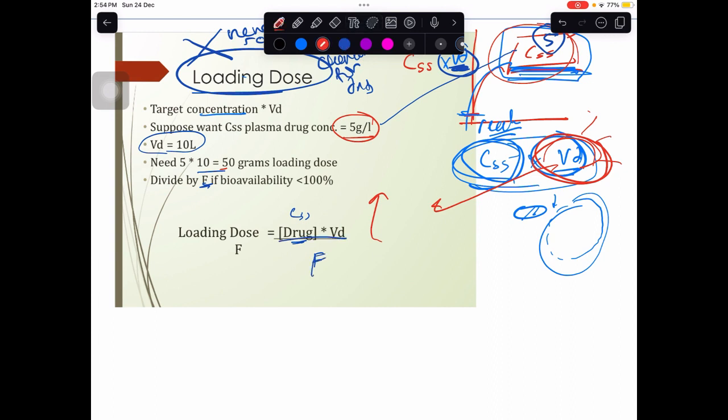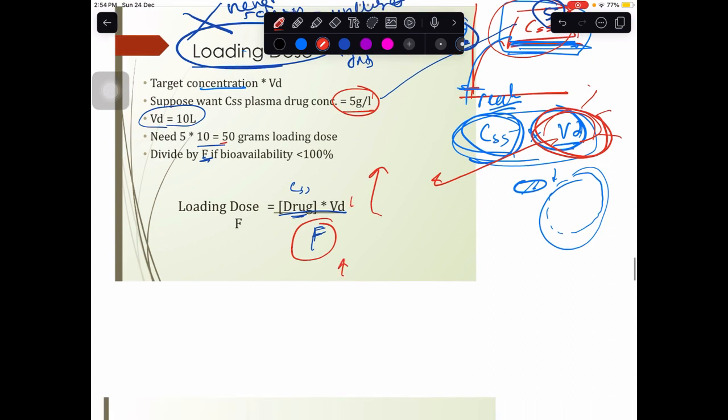Because the bioavailability, if it is high, it can decrease the VD, right? Because the bioavailability was how much is in the blood. So the IV has the highest bioavailability because most of it will be in the blood. The IV is in the blood. So as we know, if it is in the blood, the VD will decrease.